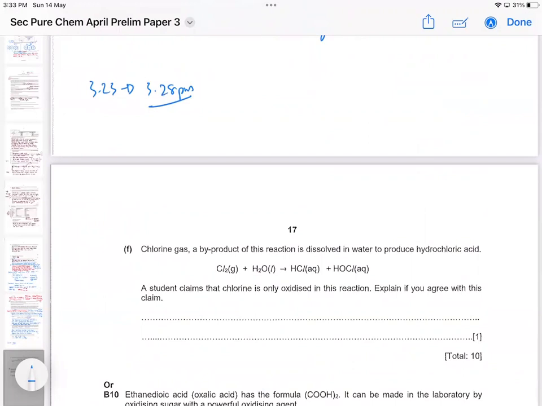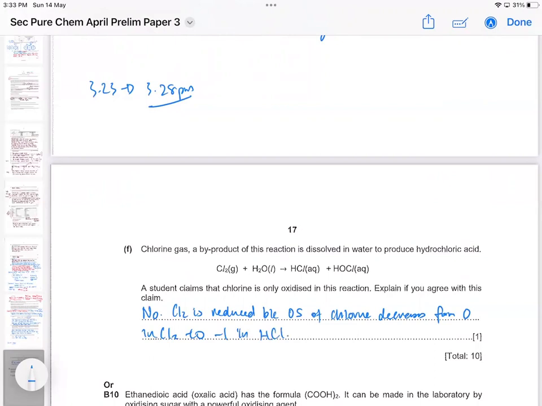Okay, so it's apparent that there is a reduction here. My answer is yes, because chlorine is reduced. I'll use the standard template. Because the oxidation state of chlorine actually decreases from 0 in chlorine to -1 in HCl.